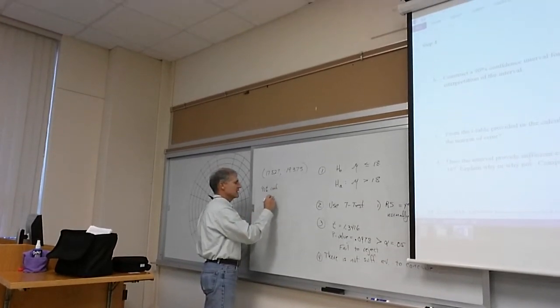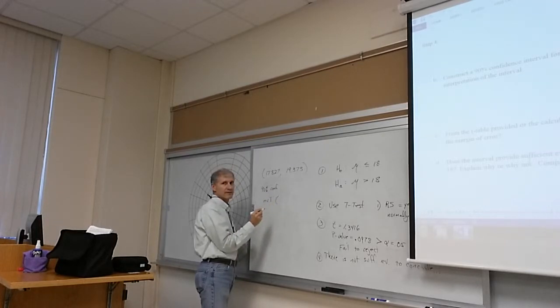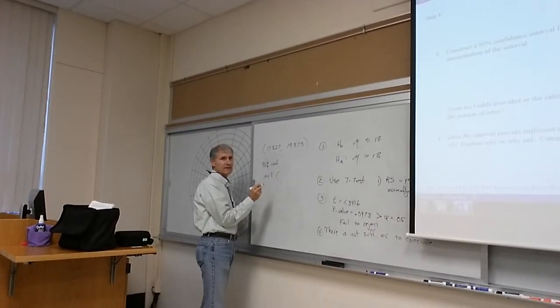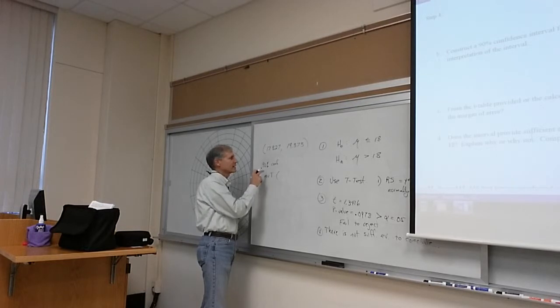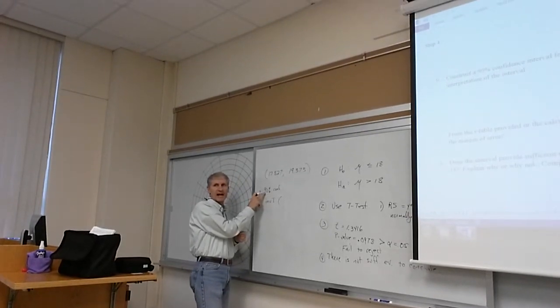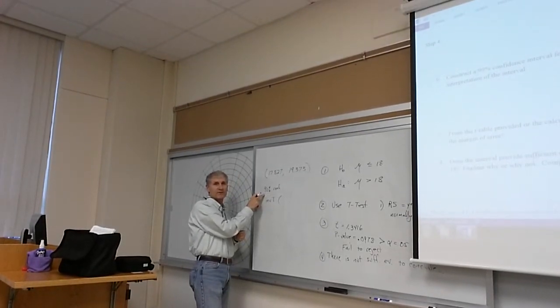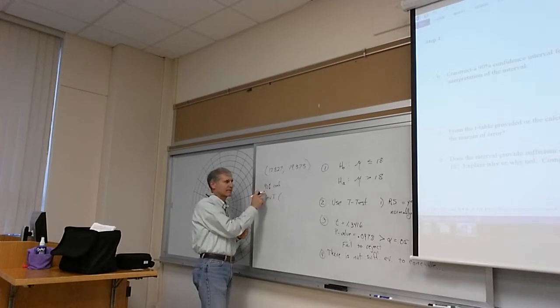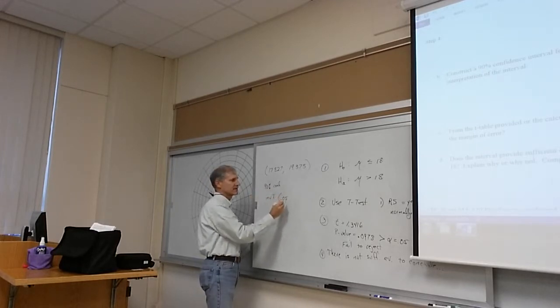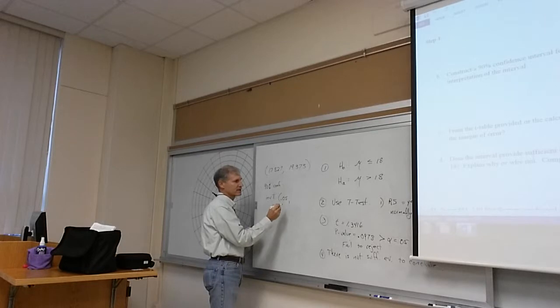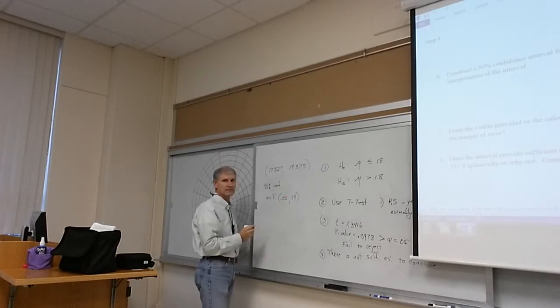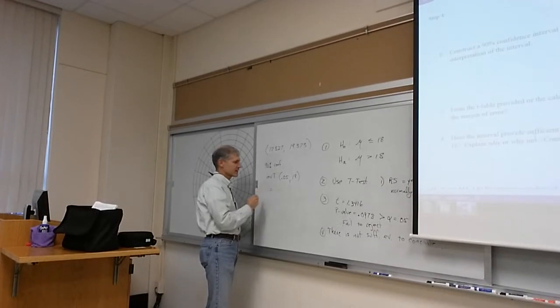So it's inverse t of half the leftover area, half of alpha, right? So alpha is 0.1, half of that is 0.05. And then the degrees of freedom, 19. Okay? And what's that equal?